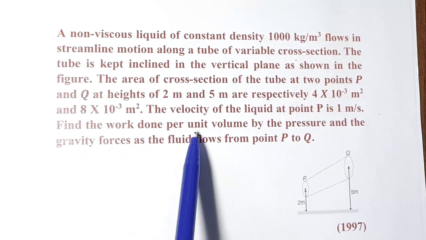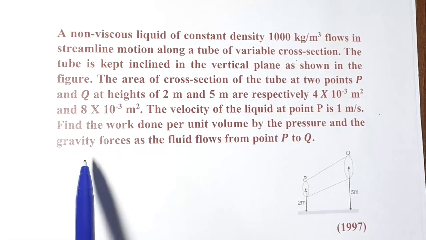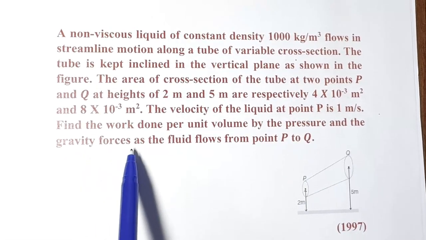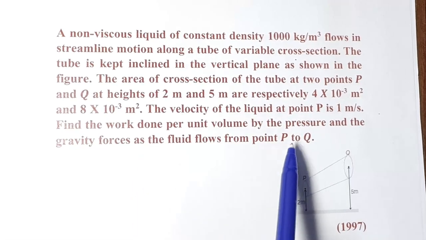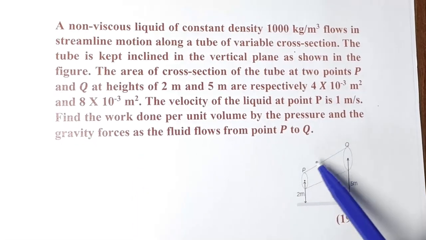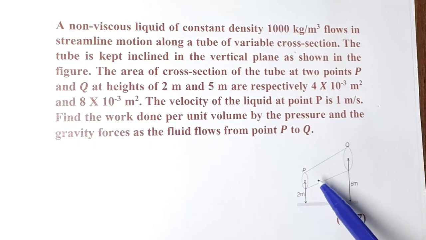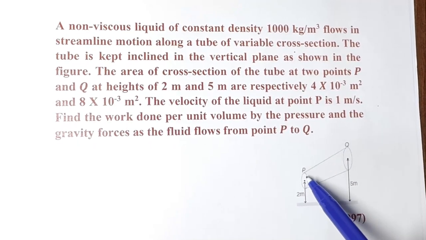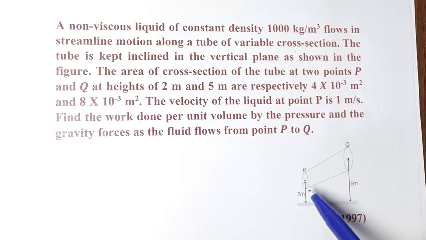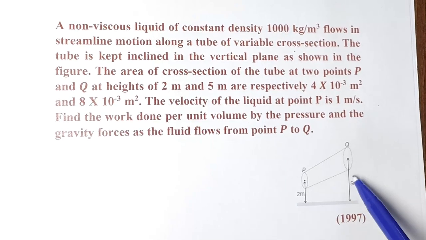Find the work done per unit volume by the pressure and the gravity forces as the fluid flows from point P to Q. So this is a tube having a variable cross section, and the height of point P is given as 2 meter and height of point Q is given as 5 meter.